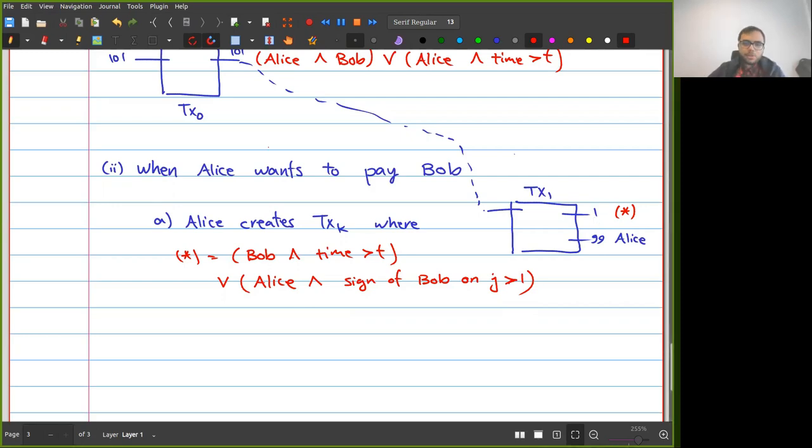Okay, but in our protocol, the way it works is that Alice creates this transaction that has this script in this part, and then Alice signs this transaction and sends it to Bob.